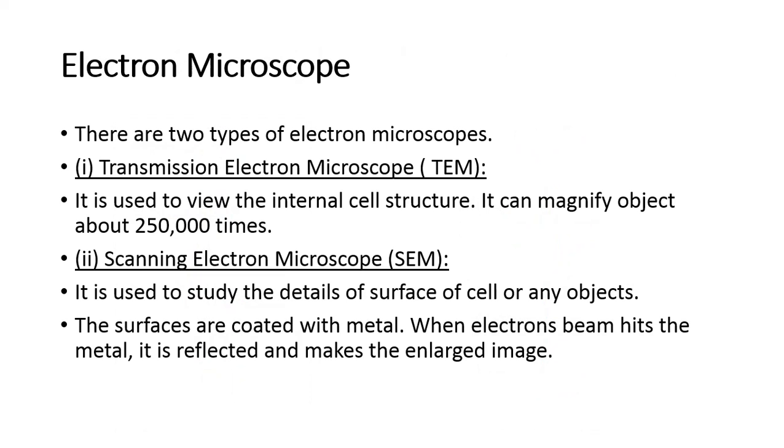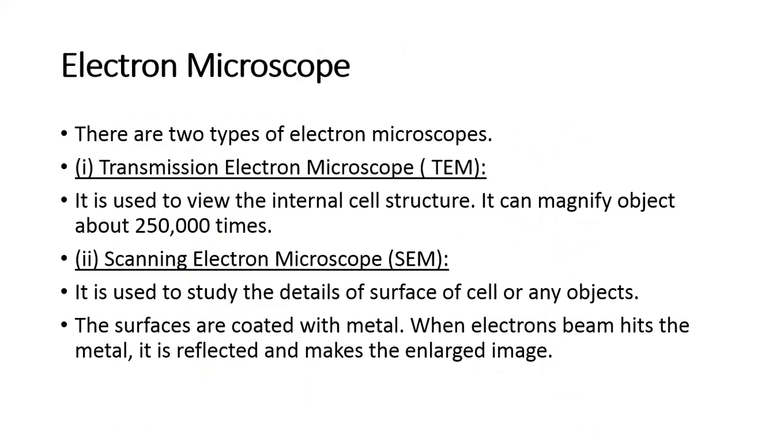It is used to view the internal structure. It can magnify objects about 250,000 times. The second is scanning electron microscope, which is also known as SEM. It is used to study the detail of the surface of a cell or any object. The surfaces are coated with metal. When the electron beam hits the metal, it is reflected and makes the enlarged image.